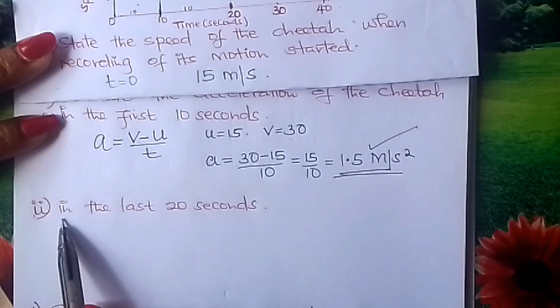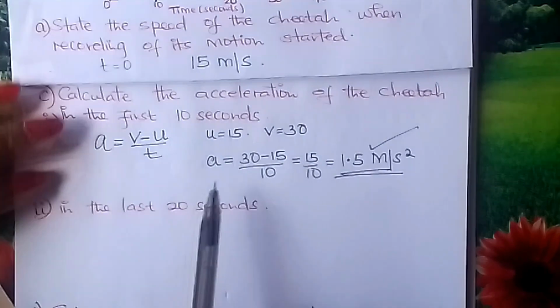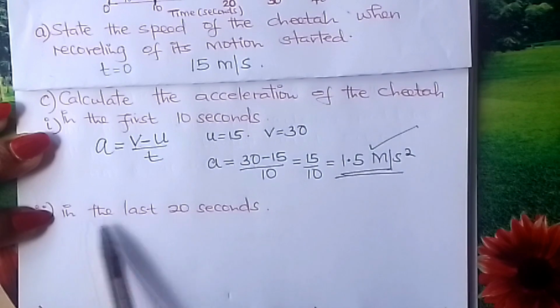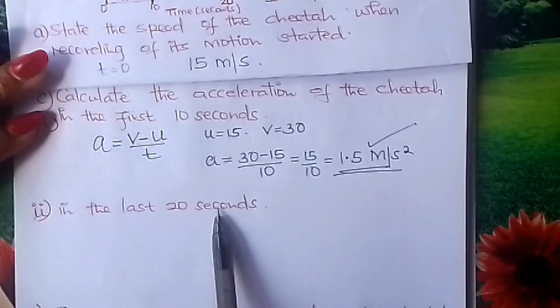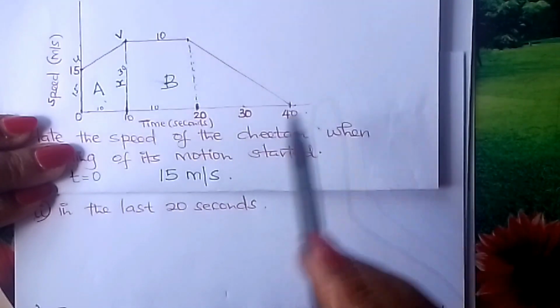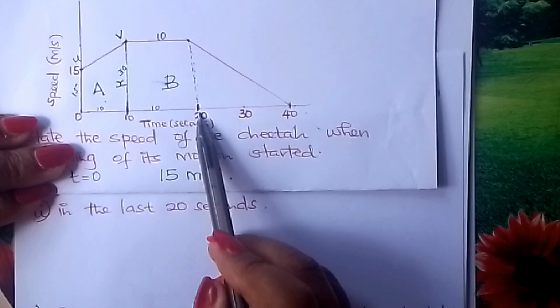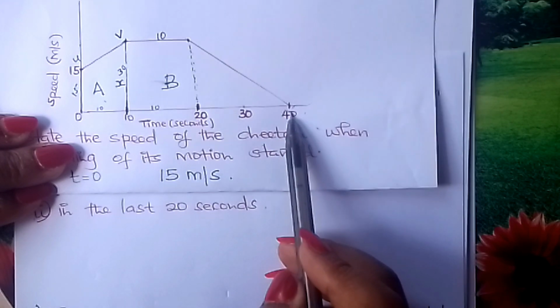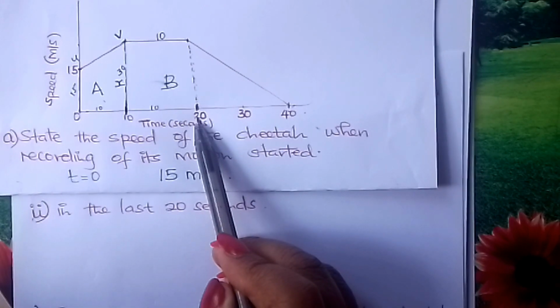We go to part 2, learners. Find the acceleration of the cheetah in the last 20 seconds. Where are the last 20 seconds? Here we go. They start from 20 to 40. In other words, 40 minus 20 gives us 20.